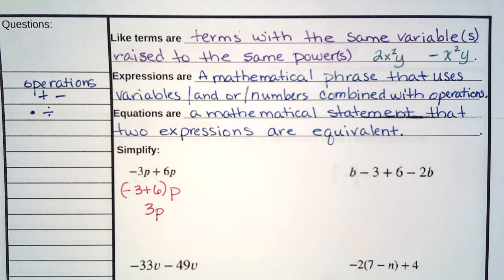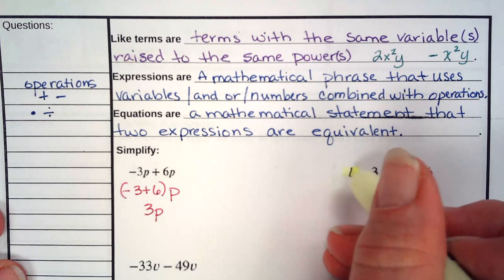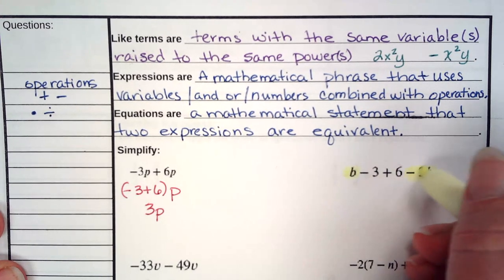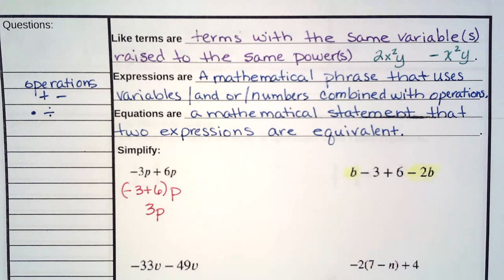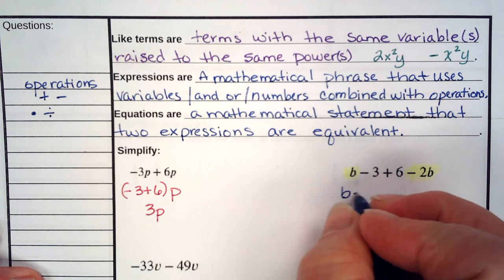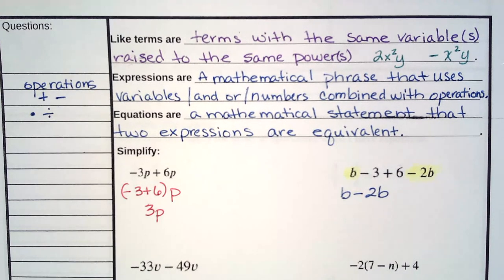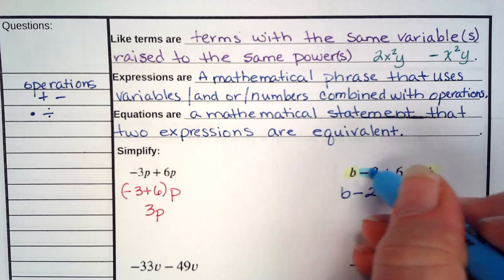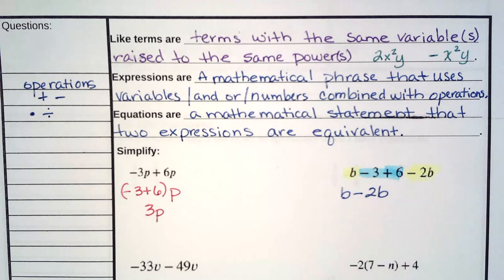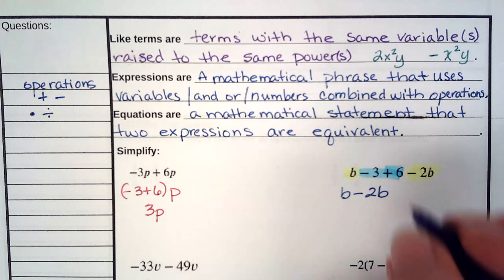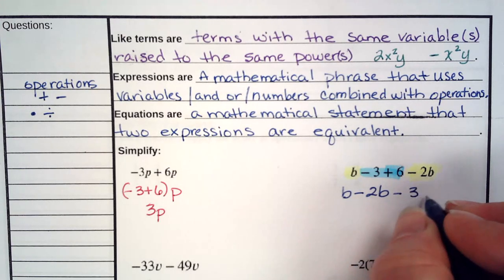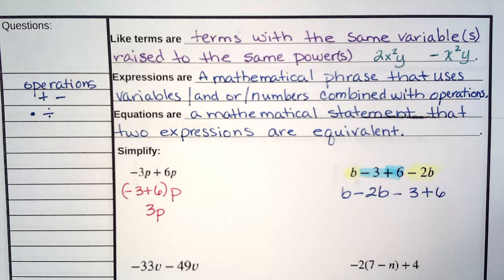Okay, for the next one, I'm going to rearrange it with my terms with the variables first. So it will be b minus 2b. And then my numbers next, -3 plus 6.